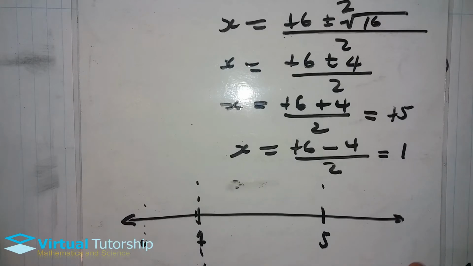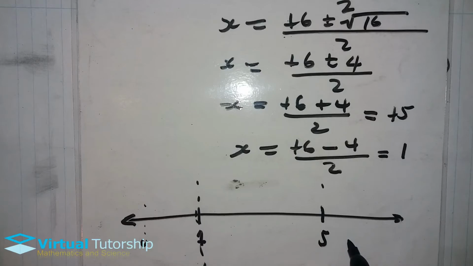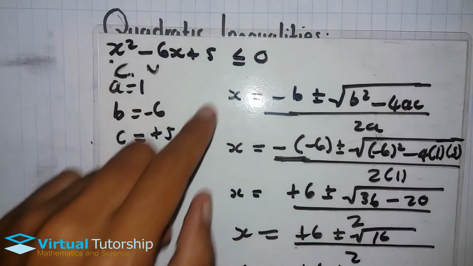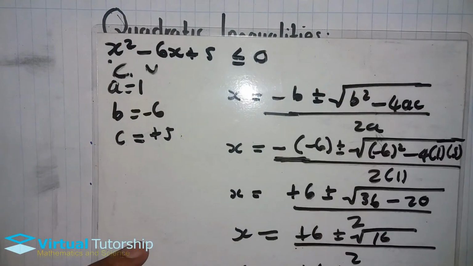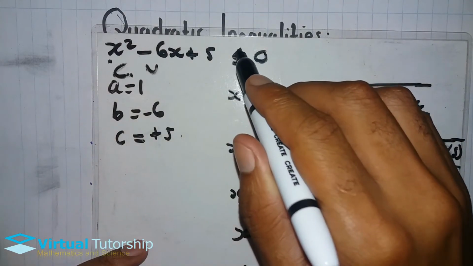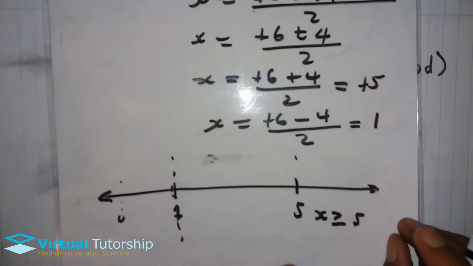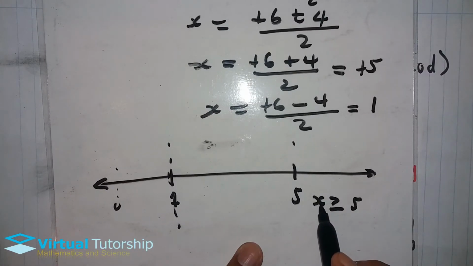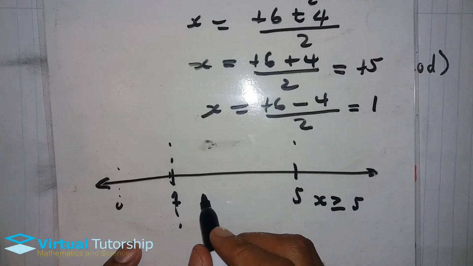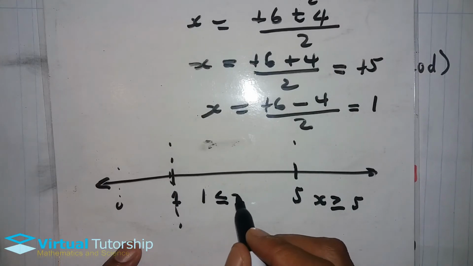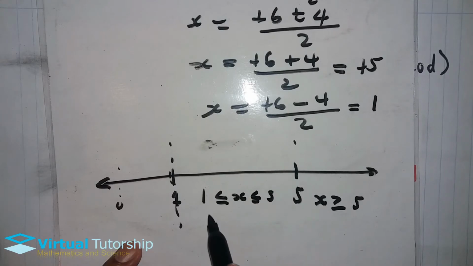So from here you check all your solutions, first check all the x values that are greater than or equal to 5. Remember it's greater or equal to because the inequality sign in my original equation has an equal sign. It says less than here, but then we test our solutions starting with greater or equal to 5, and then the x values between 1 and 5.